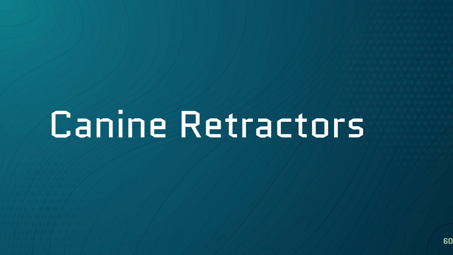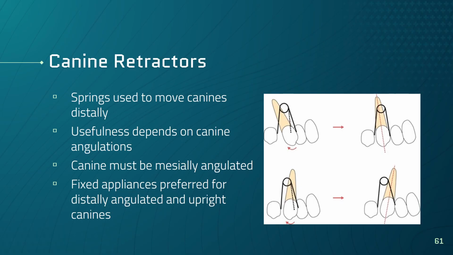Okay, the next component is the canine retractors. Canine retractors are springs that are used to move canines distally. Now, the usefulness of these retractors depends on the canine angulations. For removable appliances, the canine must be mesially angulated. Fixed appliances are preferred if the canines are distally angulated or upright.